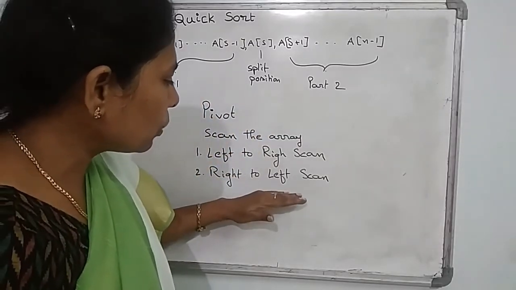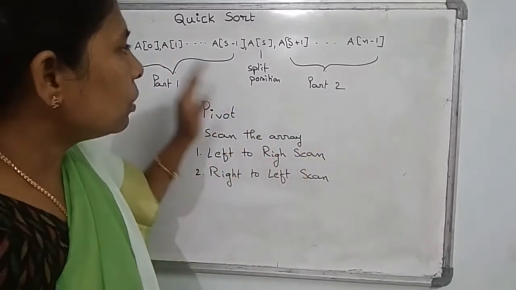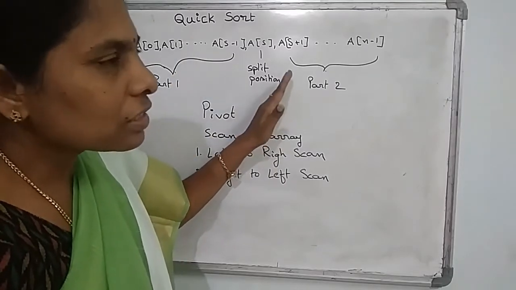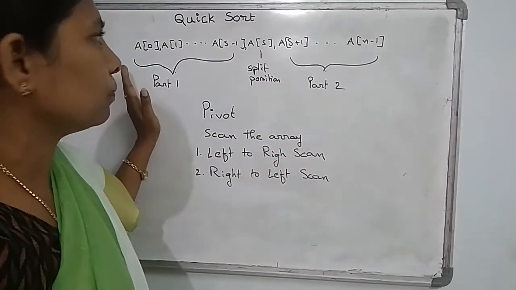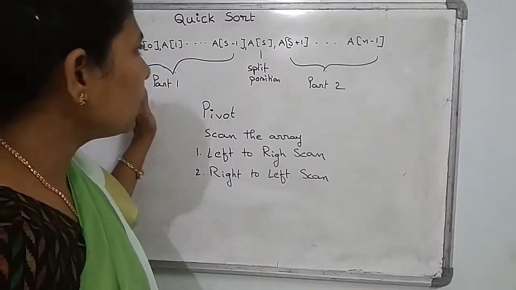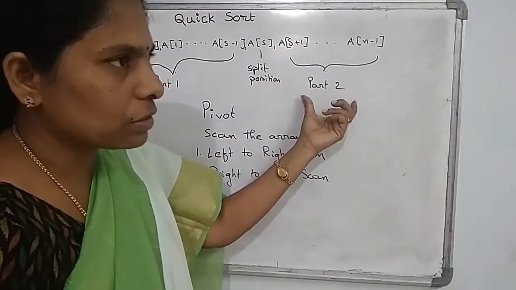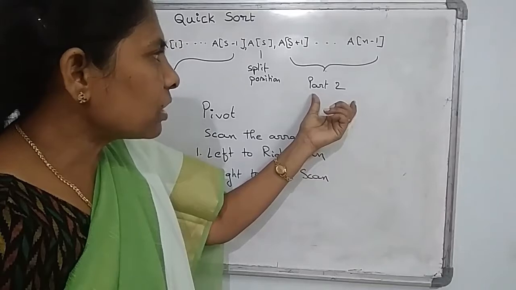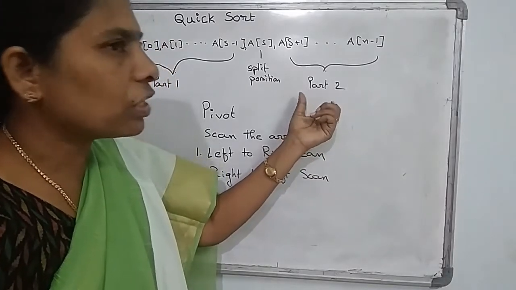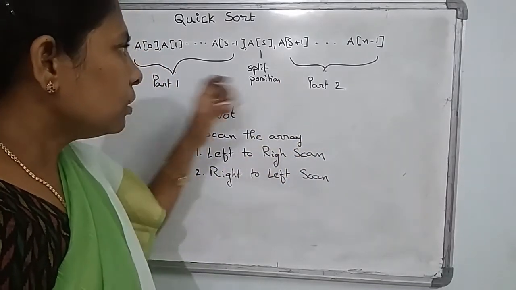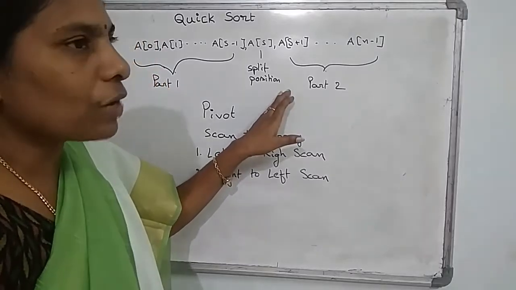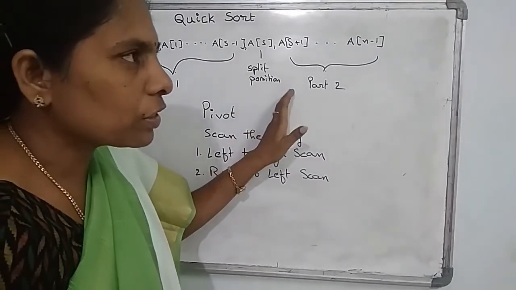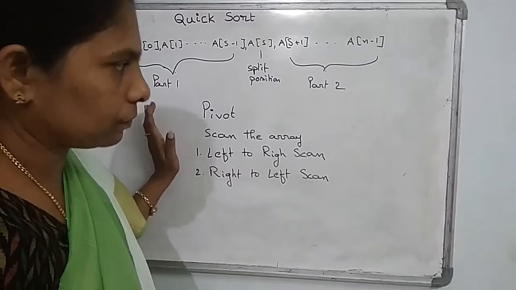Now, going from right to left, you find the smallest element compared to the pivot element. You compare the pivot element with the remaining elements and scan until you find an element smaller than the pivot element.